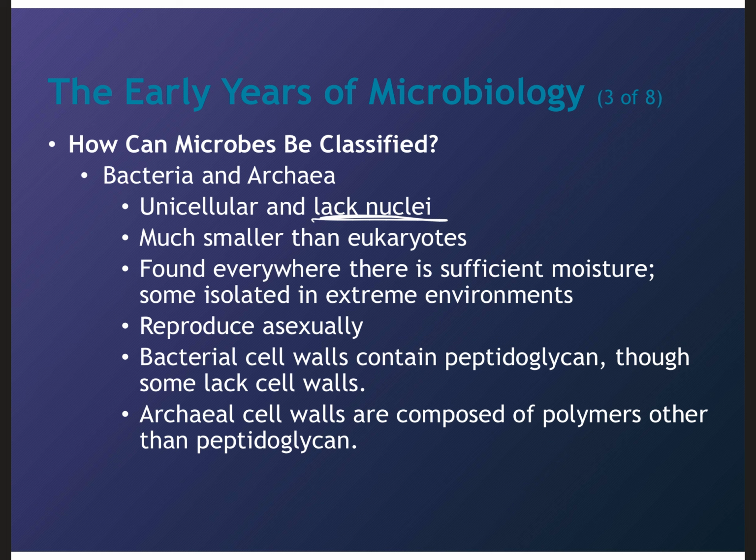Bacterial cell walls contain peptidoglycan, although some of them will lack cell walls. Not very many of them do. The archaeal cell walls are composed of polymers other than peptidoglycan, but I don't think that they use chitin, because that is almost exclusively for fungi and for, what's it called?